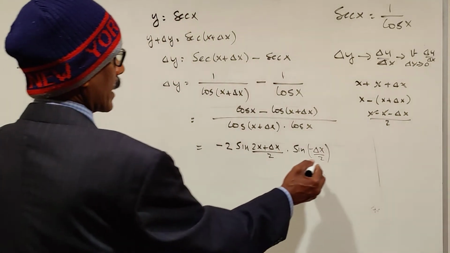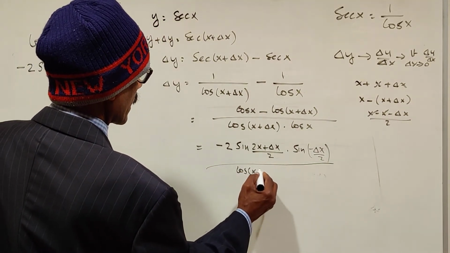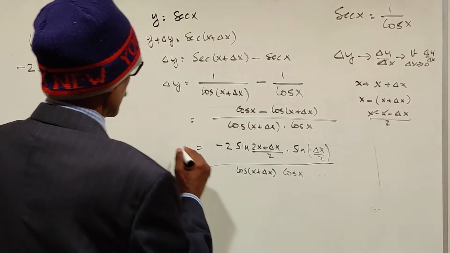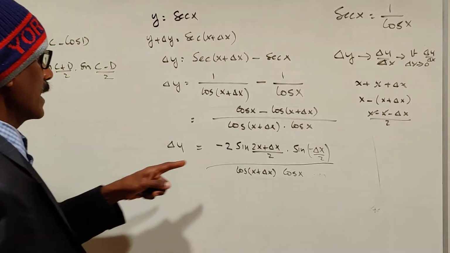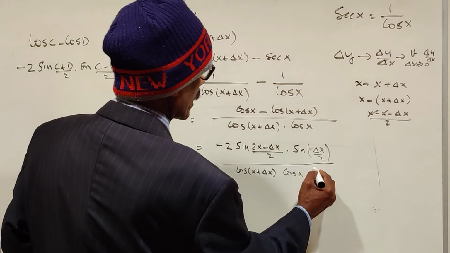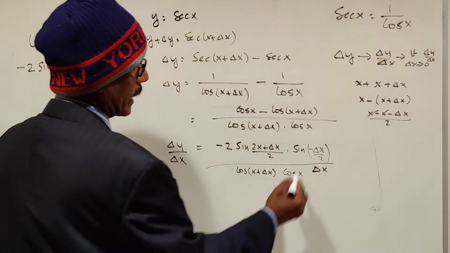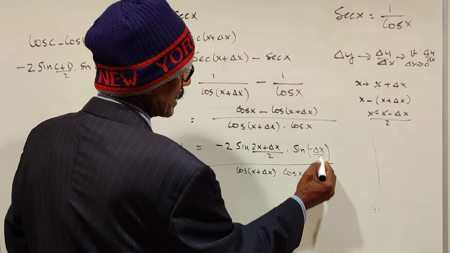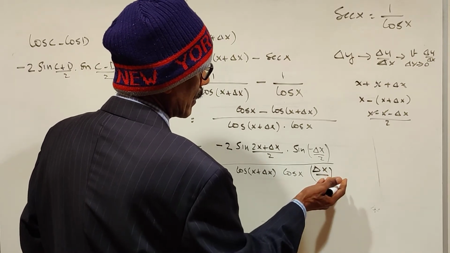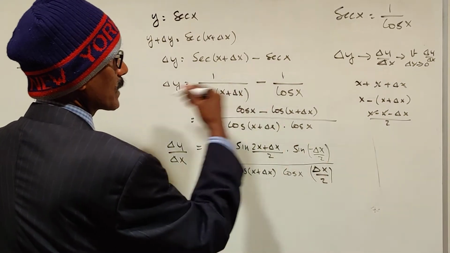Okay, then divided by cos of x plus delta x times cos x. This is delta y. Then delta y by delta x, dividing throughout by delta x. Here delta x by 2, so you need to divide by 2. So this minus comes outside.